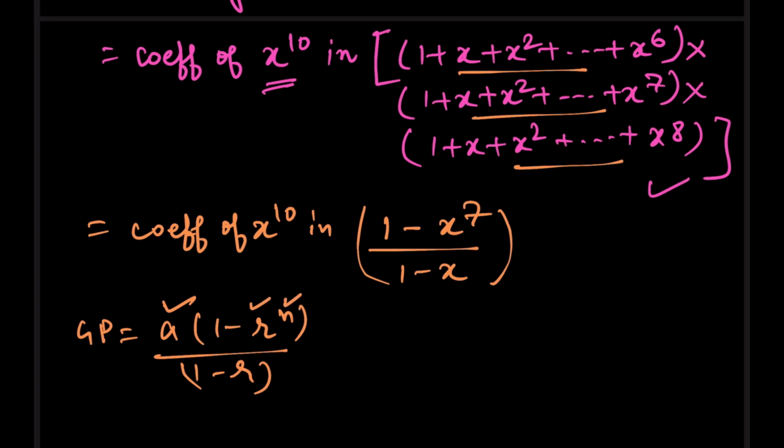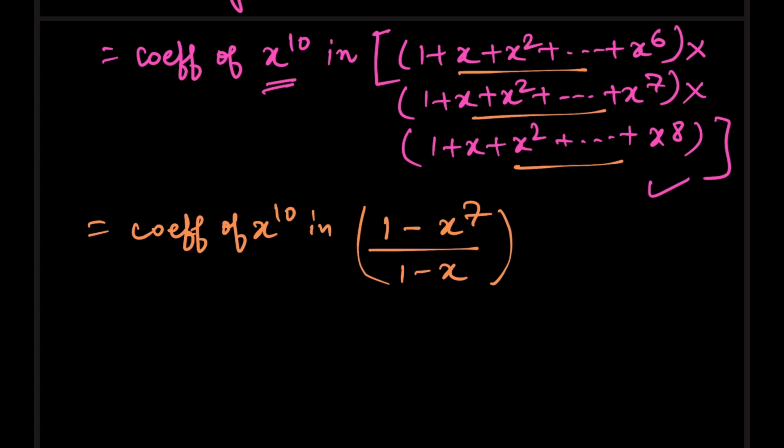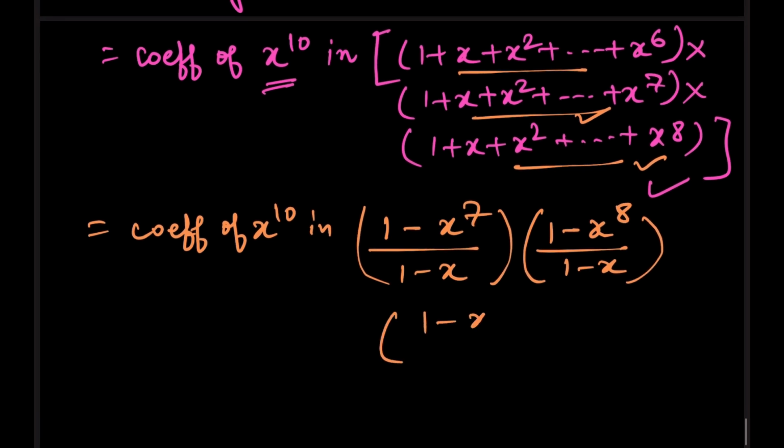Similarly, for the next GP series, you will get (1 − x⁸)/(1 − x), and for the next, (1 − x⁹)/(1 − x).